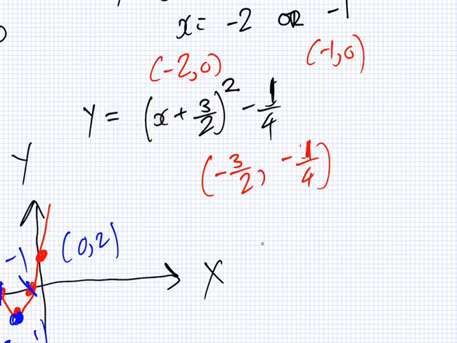So minus 2 I got here. Minus 1 I got here. 2 here. And if you look at the minimum, it's around about, let's zoom. Oh, no, wrong way. No, too far. Minus 1.5. And then minus 0.25, which is exactly what I got as well.